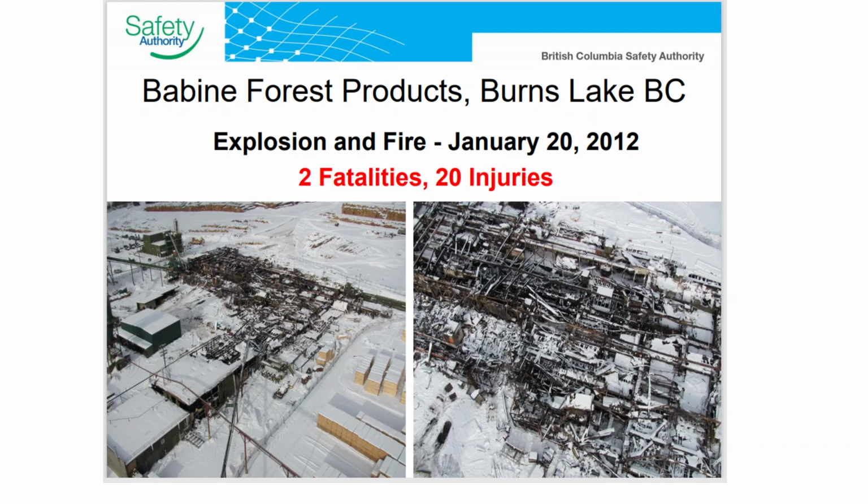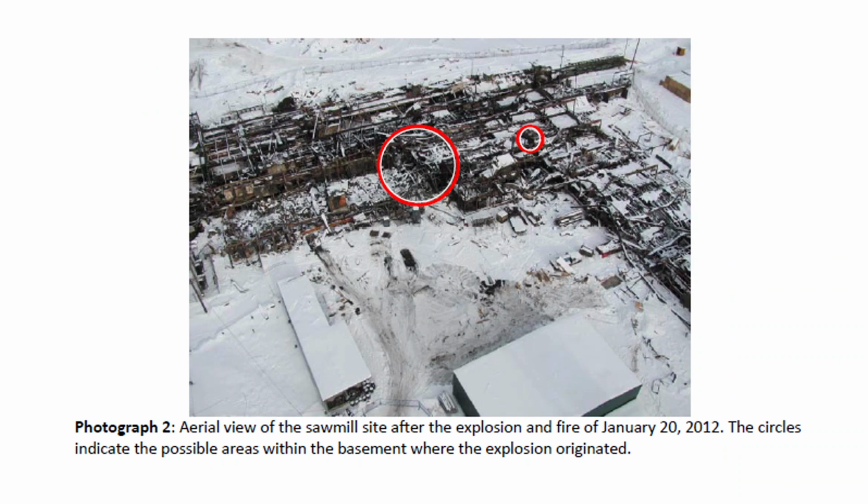The first was at the Babine Forest Products sawmill in Burns Lake, BC, where we had 2 fatalities and 20 injuries. Sawmills are rife with dust in all sorts of different locations, and there is a significant amount of electrical devices in these situations.